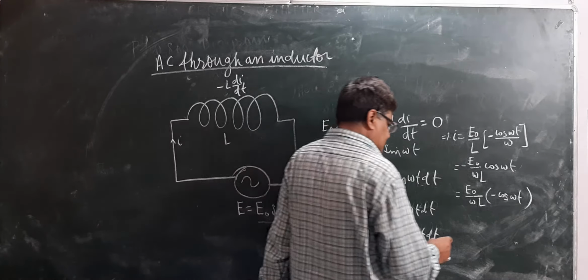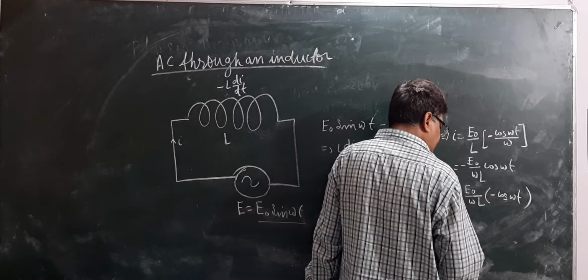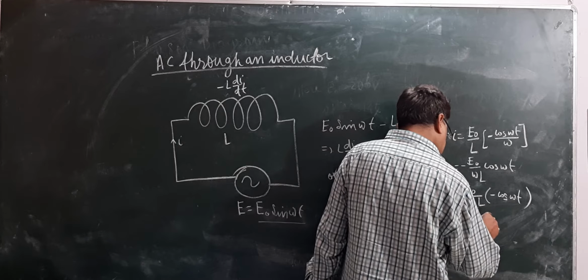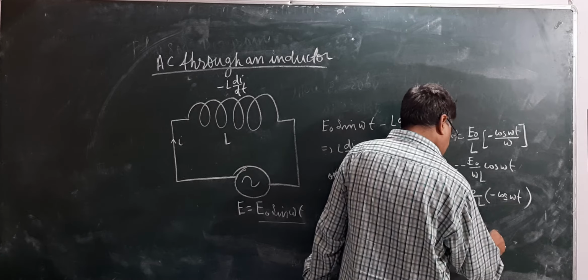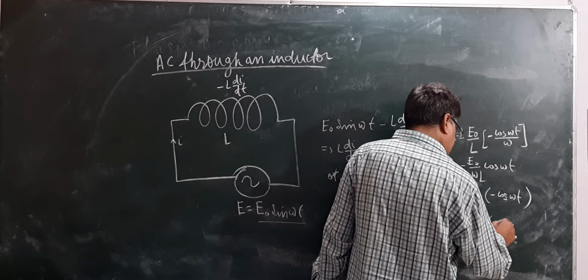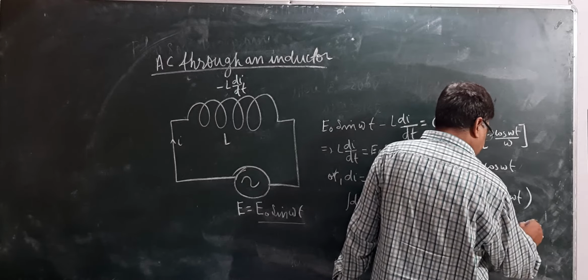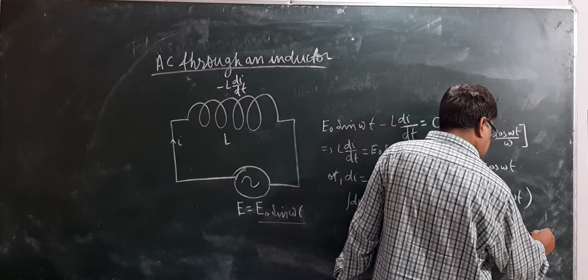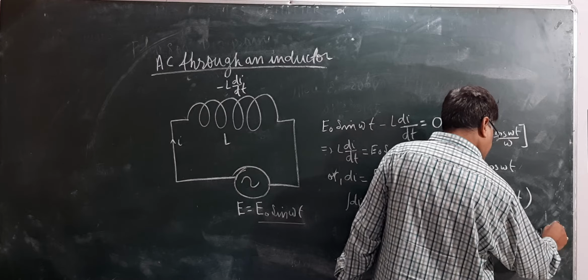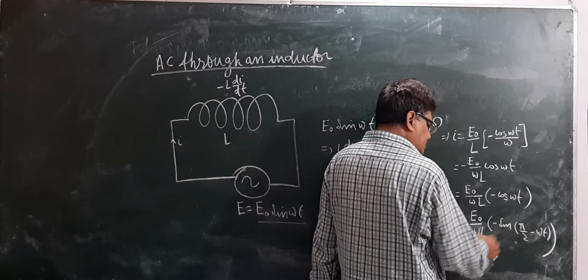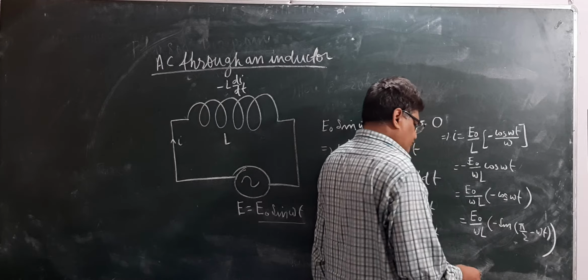Let us see how we can write minus cos omega t. This can be written as E naught by omega L minus sine pi by 2 minus omega t. I hope you know the formula, that is sine 90 degree minus theta is equal to cos theta.